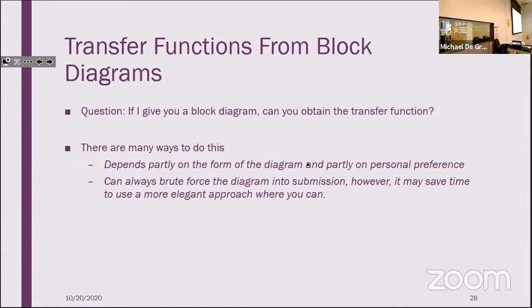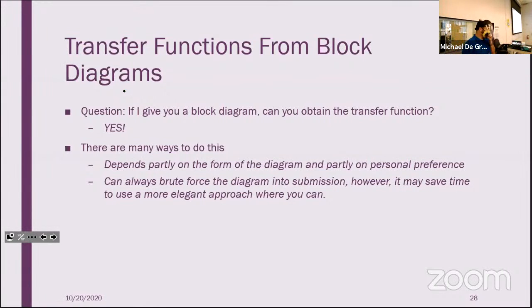So, if I gave you a block diagram, would you be able to obtain the transfer function? Well, the hope is yes, right? Maybe right now we cannot, but hopefully we should be able to. The idea is that if you're given a block diagram, you should be able to obtain a transfer function.